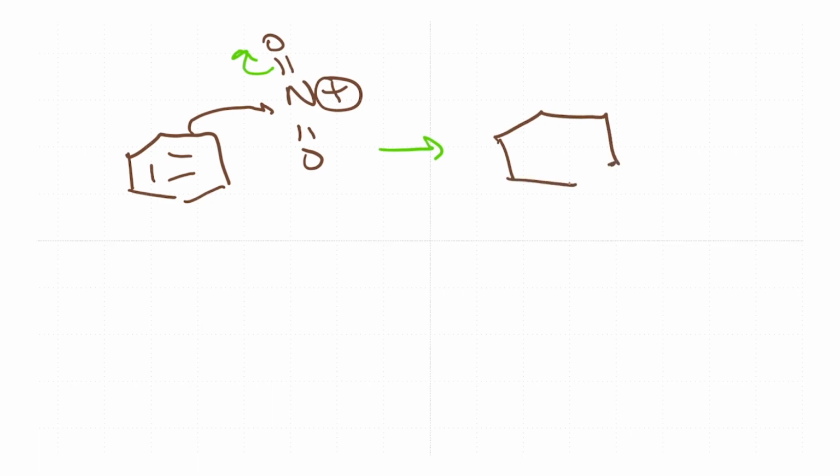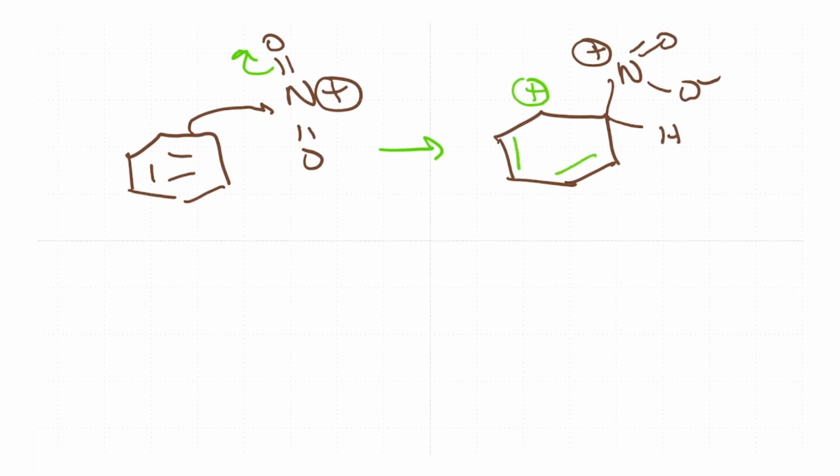N double bond O plus, this can attack here and this moves up, and you get H, N double bond O, O minus, and this nitrogen continues to have a positive charge because it has 4 bonds, and there is a full positive charge on this carbon. These 2 bonds remain the same.